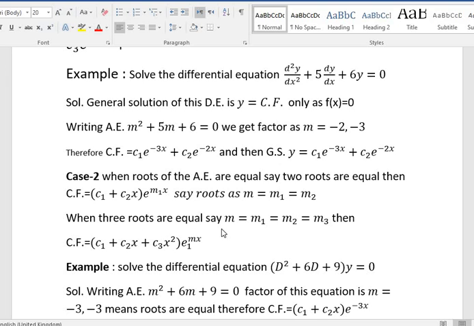When three roots are equal, say m equal to m1 equal to m2 equal to m3, then the complementary function will be (c1 plus c2 x plus c3 x squared) e^(m1 x).